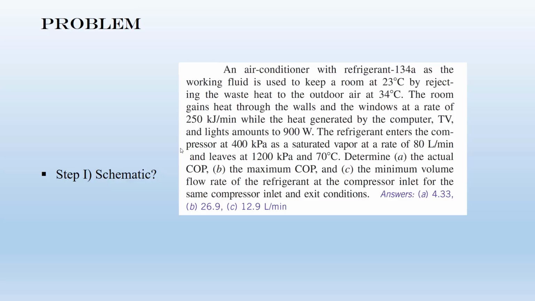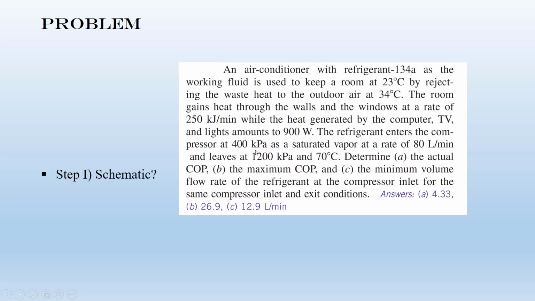So here we have an air conditioner, and the working fluid is refrigerant 134A. We know the temperature for the room is 23, and the outdoor temperature is 34. We have some information for the heat gained through the walls, and also heat generated by the computer and some other appliances.